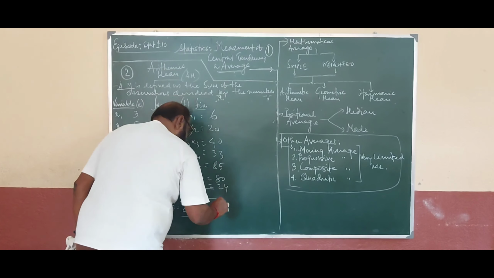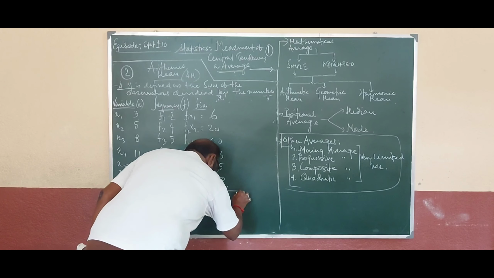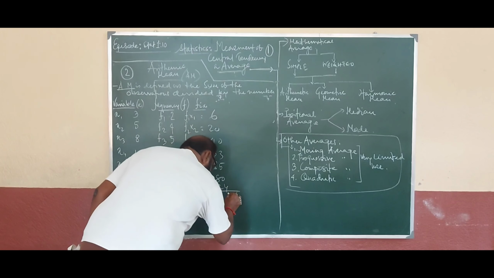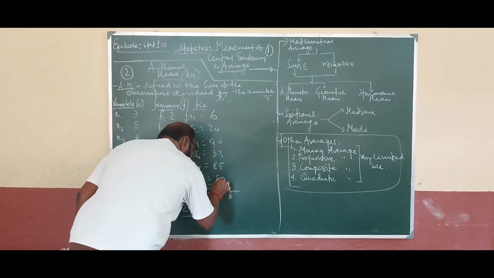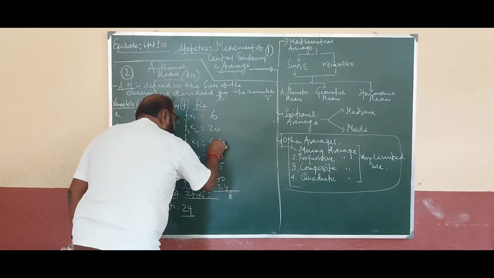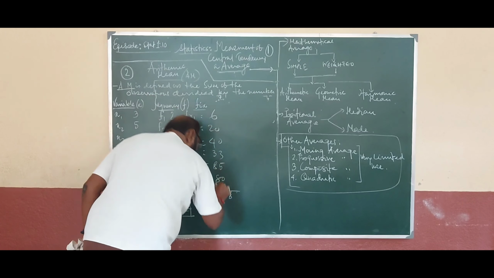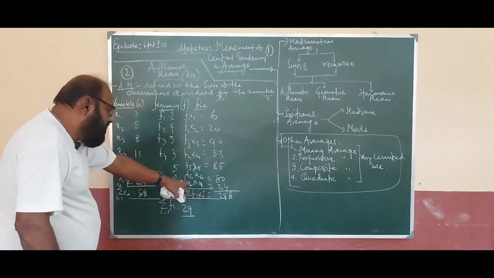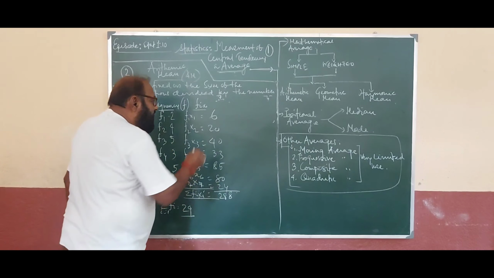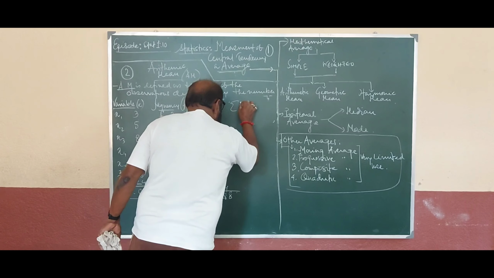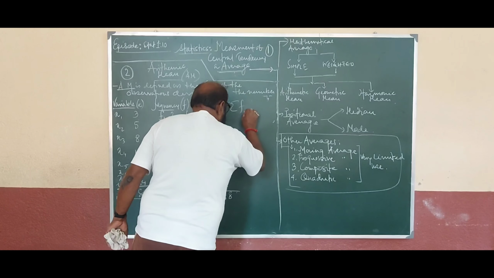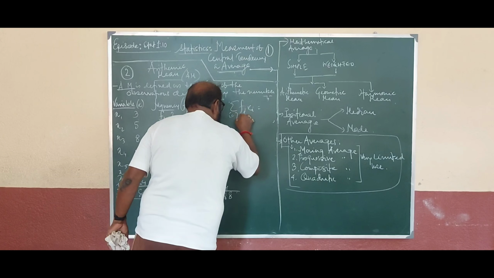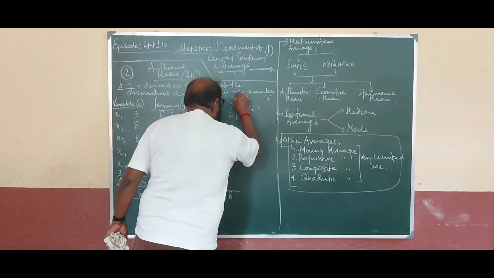Now these we get the total. What is the total? 4, 11, 12, 18, clear, 1, 11, 19, 22, 26 to 88, clear. Now we get summation fi xi, where i equals 1 to 7.